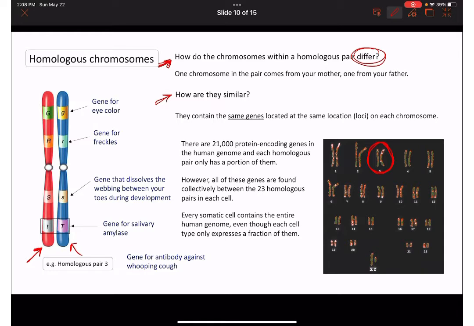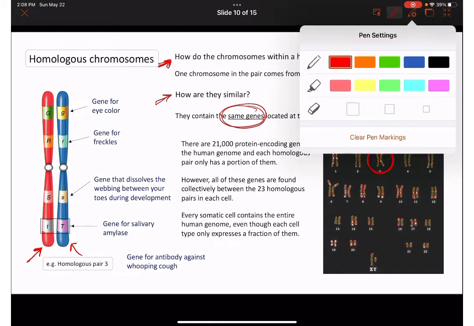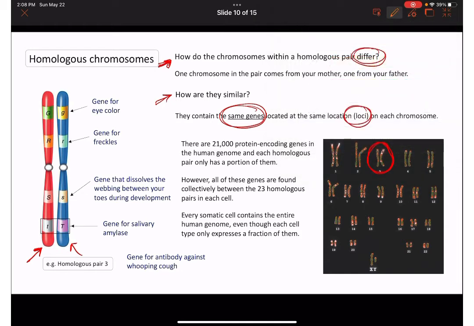Well, the answer to this is that each of these chromosomes contains the same genes. And they not only contain the same genes, but these genes are located at the same location, or locus, or loci, on each chromosome. So for instance, within homologous pair number 3 here, each of these chromosomes are going to contain the same genes at the same location.